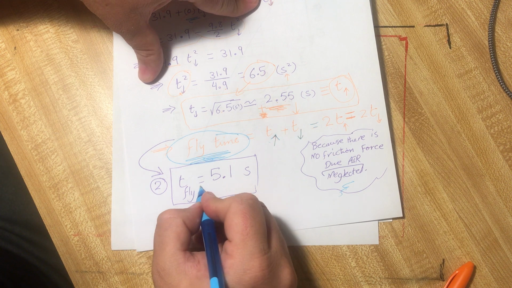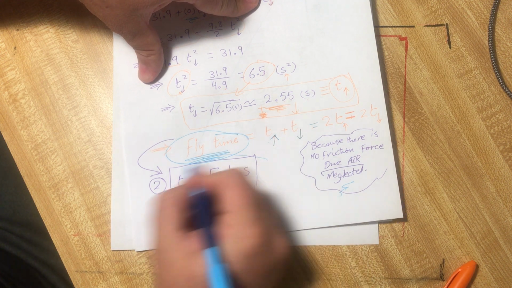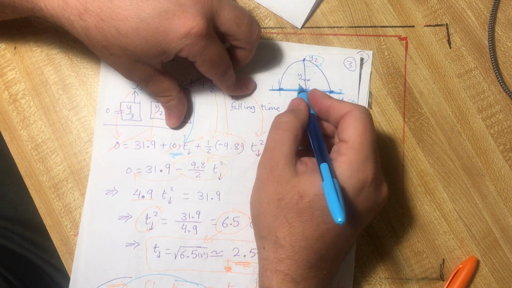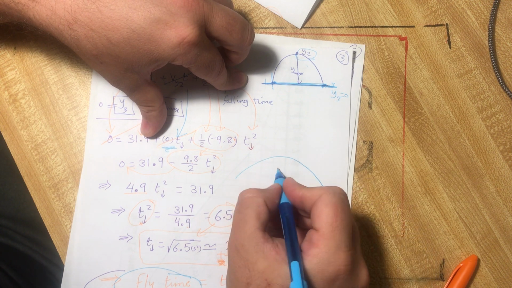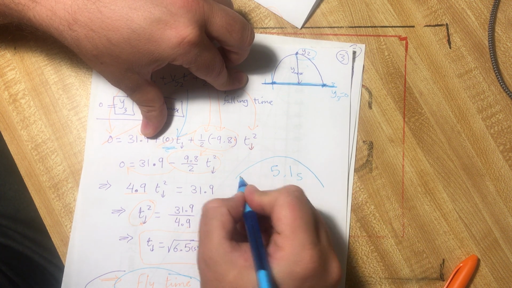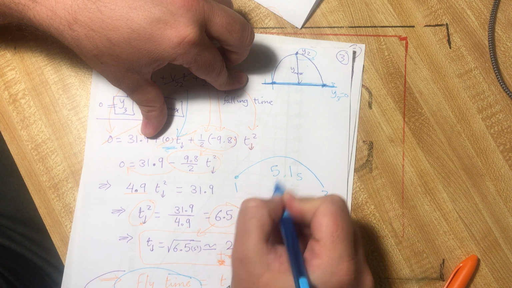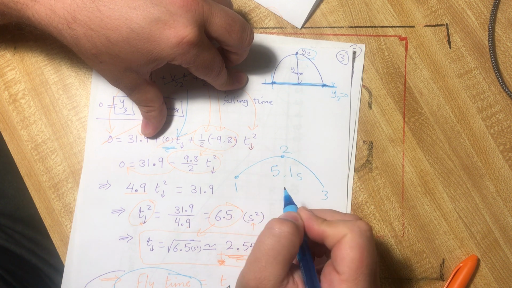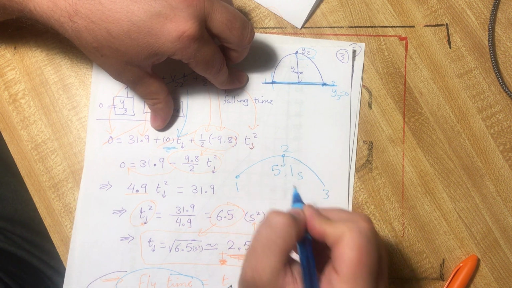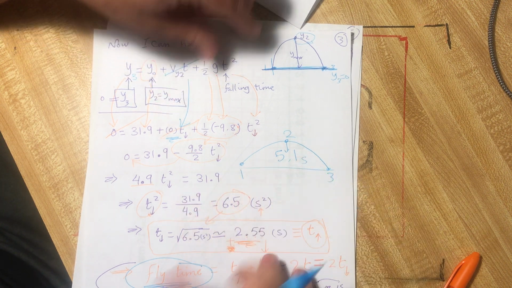So the flying time is 5.1 seconds. So this projectile spent 5.1 seconds to fly from point 1 to point 3, passing through point 2 at the middle of this time.